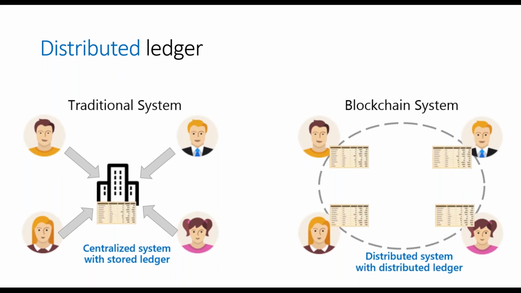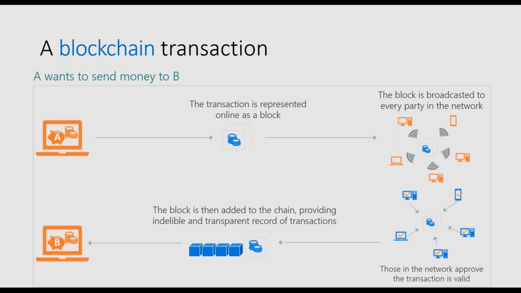And it is also decentralized because there is no central authority that approves the transaction itself. The transaction is approved as a form of consensus. If 50% plus one of all the nodes in the blockchain system, in the network, agree on the transaction, then this can happen.